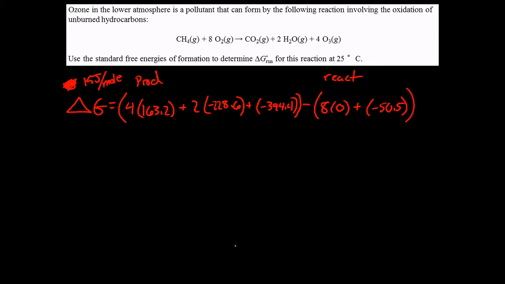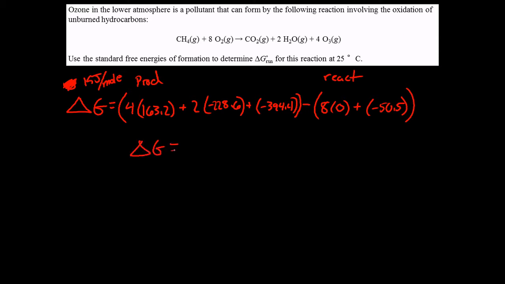Alright, so if we do that sum, so 4 times 163.2 plus 2 times negative 228.6 plus negative 394.4, all of that is going to end up being all of that plus 50.5, since we're subtracting a negative number.